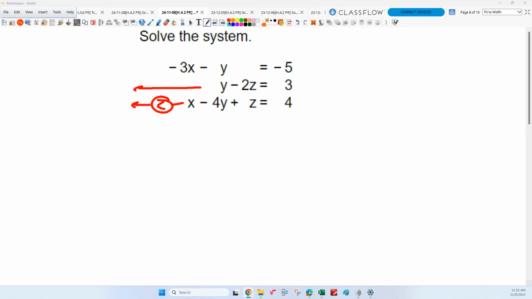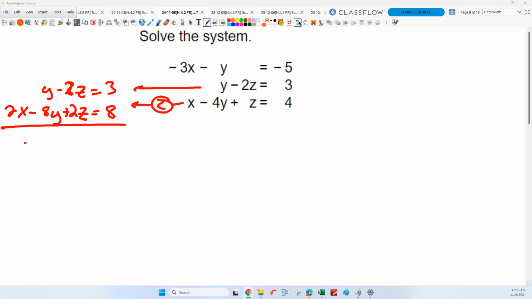And we get y minus 2z equals 3. Multiply the bottom one by 2 and we get 2x minus 8y plus 2z equals 8, right?